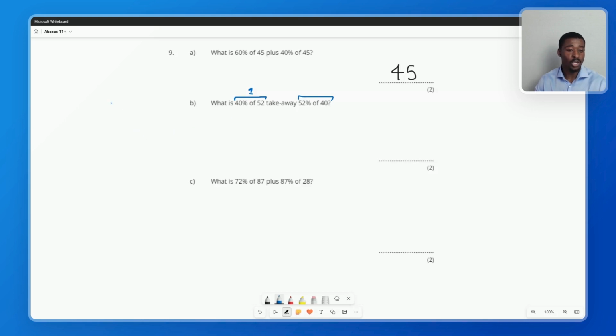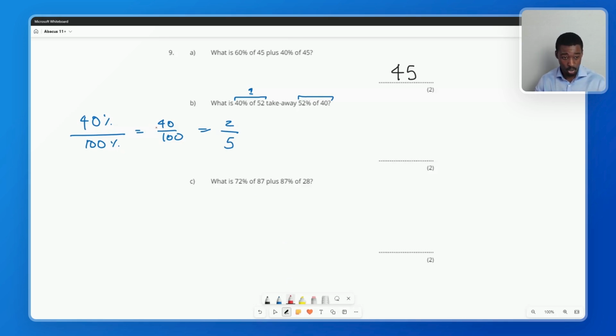And here we can use our understanding that every single percentage is really a fraction in disguise, because 40% is simply 40 over 100, which cancels down to 2 over 5, using our common factor of 20, right?